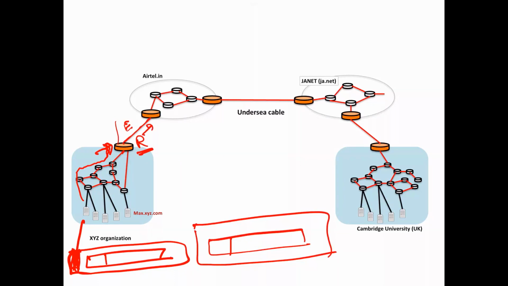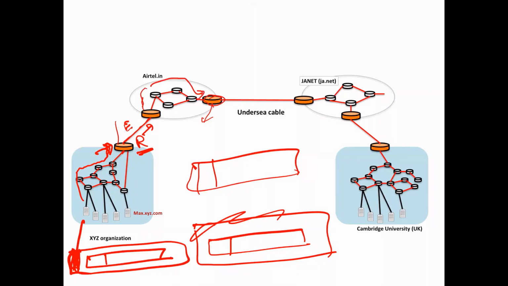This router will remove the outer Ethernet header, get the IP packet, and will know where to send it. It will have the IP address of the next one, and from that we will also come to know the Ethernet address of it, and then again create a frame. In that frame, the destination address will be the corresponding one. So this Ethernet frame will reach here, then it will remove the outer Ethernet frame and get the IP packet, and so on.